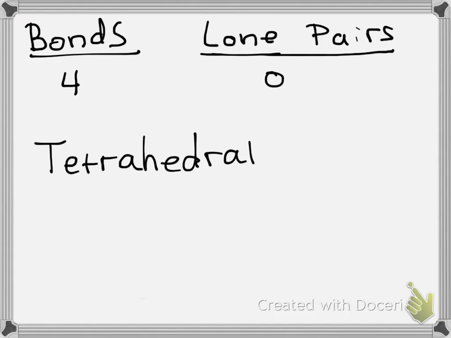And so that means that it has a central atom, and then it will have... the dotted line is for 3D effect. It's not because it's a lone pair. And then we'll have one here, and one here.